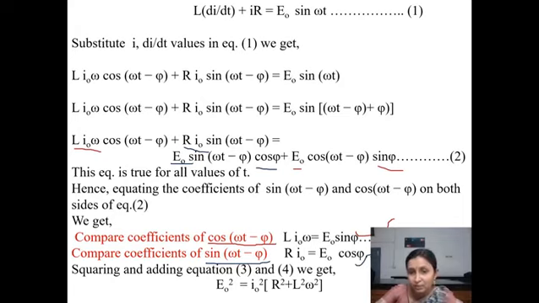Squaring and adding these two equations, we get E naught square sin square phi plus E naught square cos square phi is equal to L I naught omega whole square plus R I naught whole square. From this, E naught square is equal to I naught square into R square plus L square omega square.